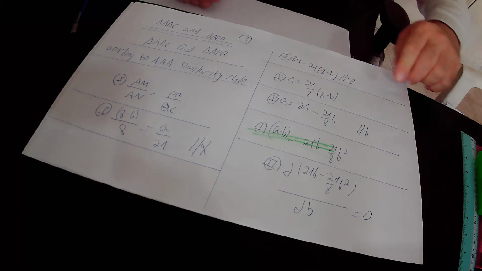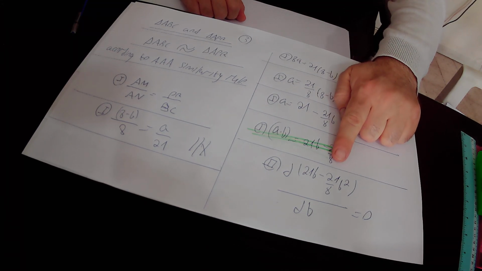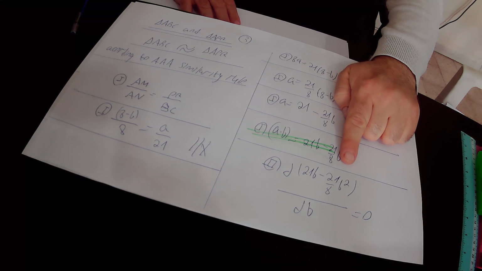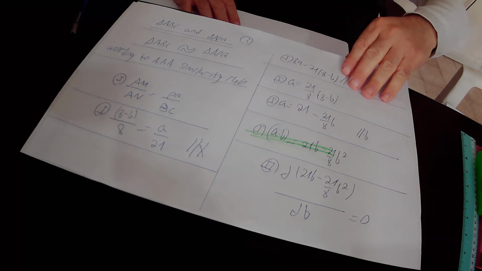And then we took the derivative of minus 21 over 8 times B squared. The derivative of B squared is 2B, so in total the derivative of this expression will be minus 21 over 8 times 2B, and it is equal to 0.